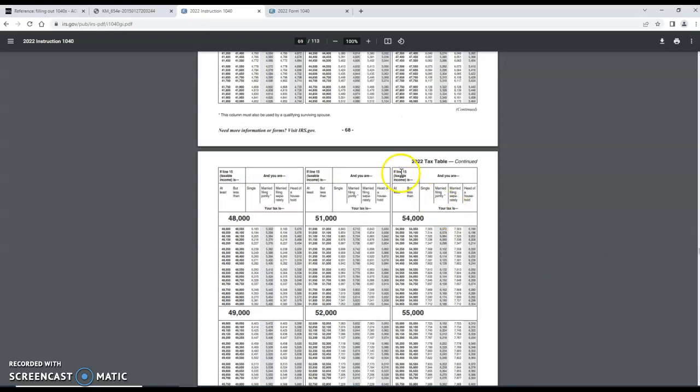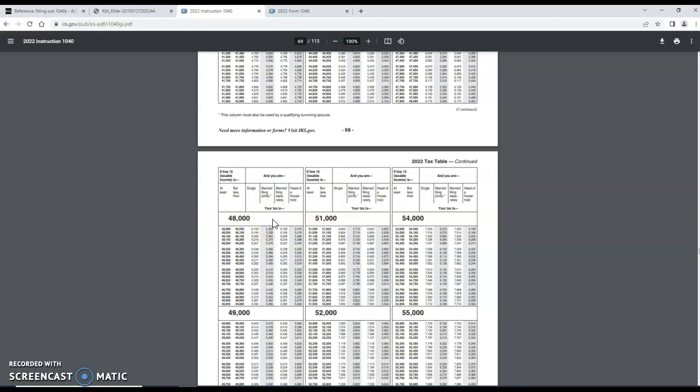Okay, so again, notice that it says tax table and what year it's for, and so we're on the correct page. And we're in the 48,000 section.